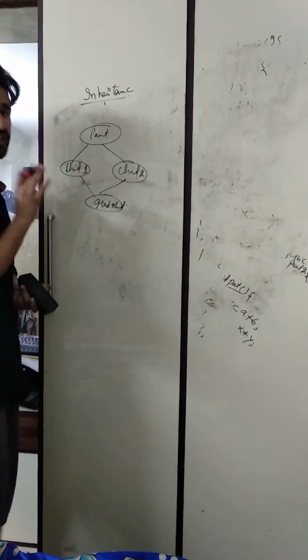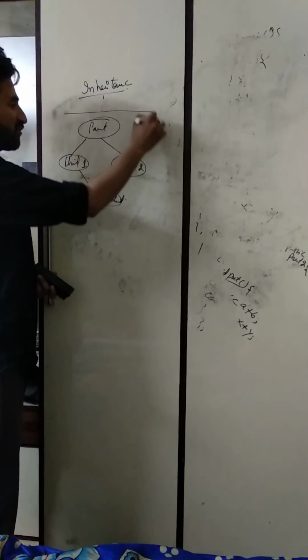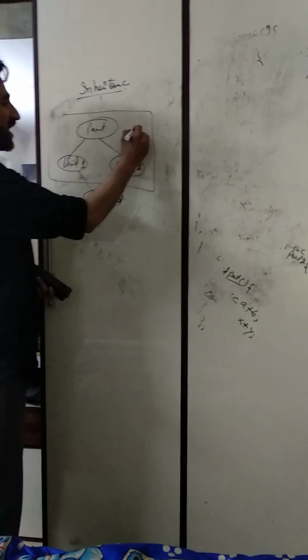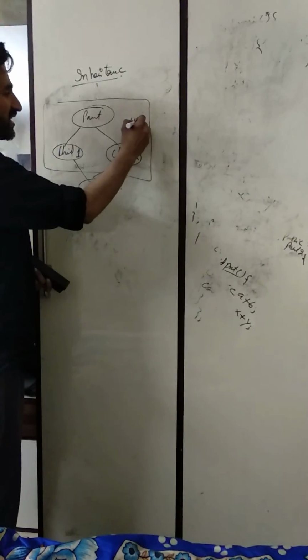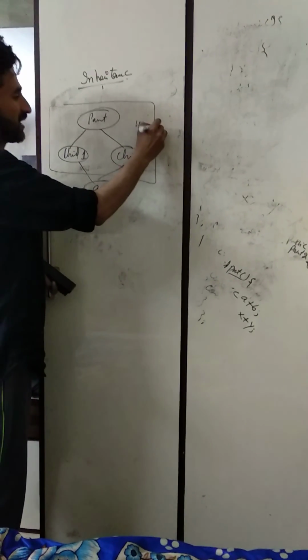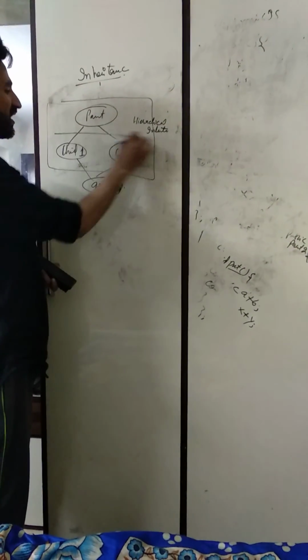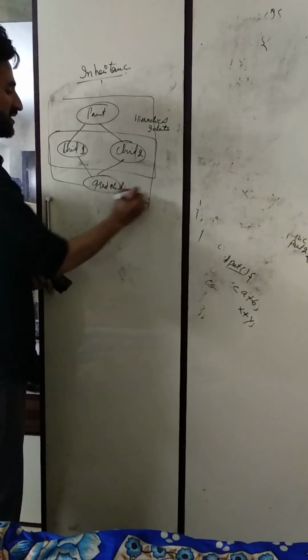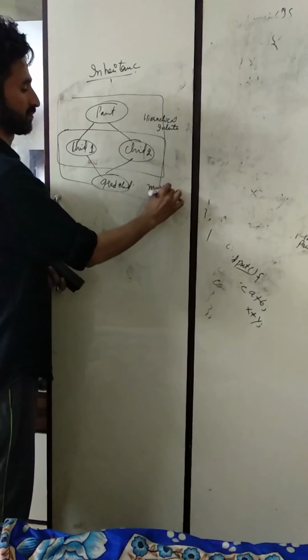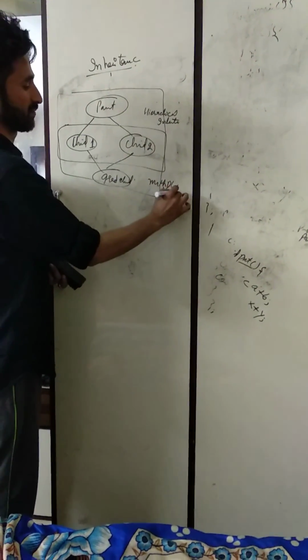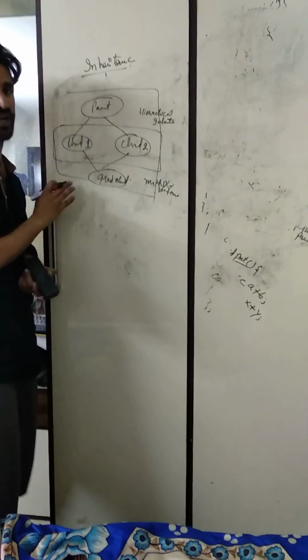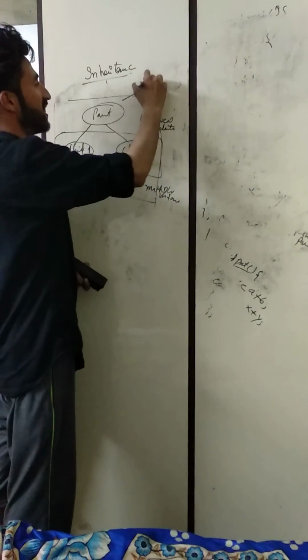If the inheritance is of this form, this part is hierarchical inheritance, and this is the multiple inheritance. If this type of inheritance occurs, we can call it hybrid inheritance.